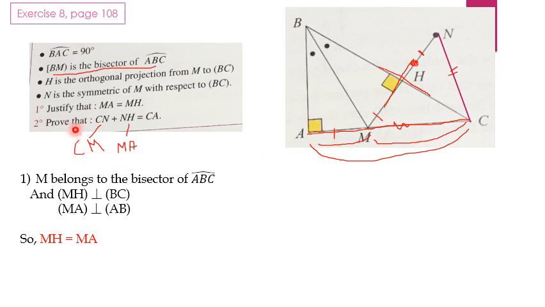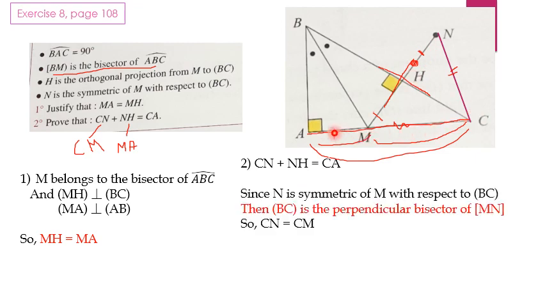And since we proved that CN equals CM and NH equals MA, then CM plus MA equals CA. Now how to prove it? CN plus NH equals CA. That's what we will prove.